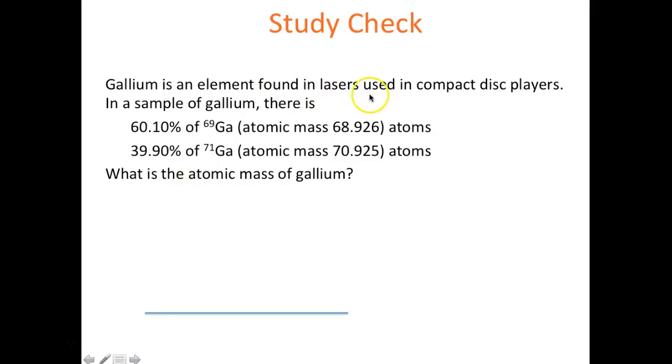Gallium is an element found in lasers used in compact disc players, and in a sample you have 60.10% of gallium with atomic mass 68.926, and 39.90% of gallium with atomic mass 70.925. What is the atomic mass of gallium? You have to move the decimal point 2 places to the left. 0.6010 times 68.926, 0.3990 times 70.925, and then add up the fractions.